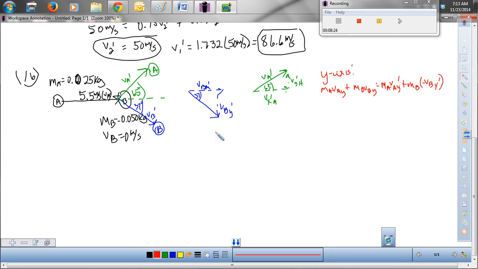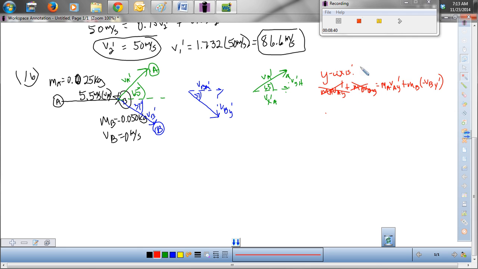And it's negative because it's headed to the south. Nobody's moving on the y-axis before the collision.